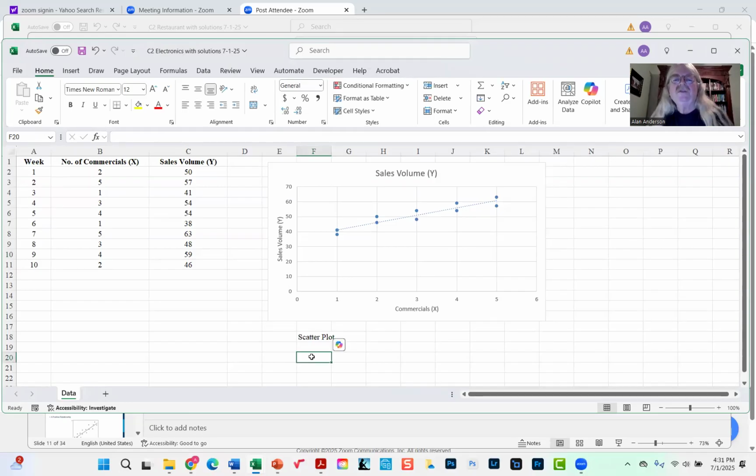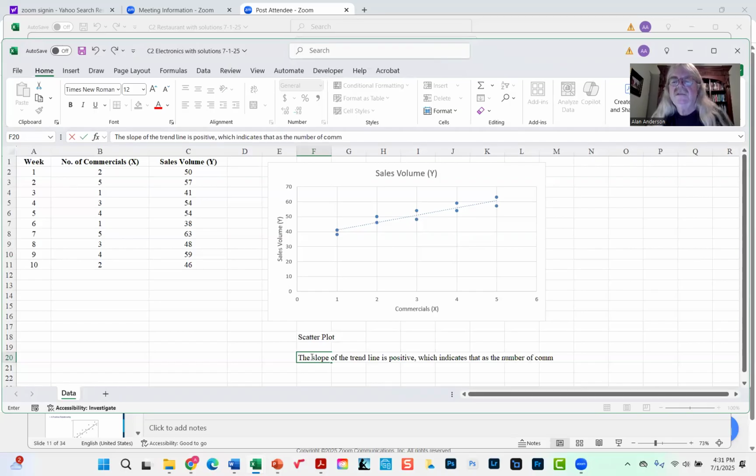The slope of the trend line is positive, which means that as the number of commercials increases, there is a tendency for the sales volume to increase as well.